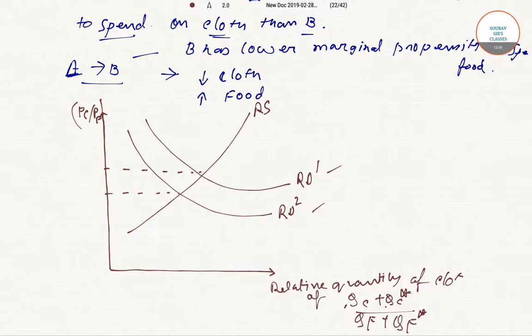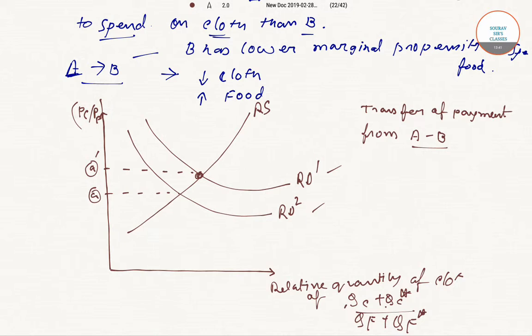Now what it says basically is that B must have a lower marginal propensity to spend on food at any given relative price. So at any given relative price, say the relative price is here at A1, B must have a lower marginal propensity to spend. Now a transfer of payment from A to B does what?